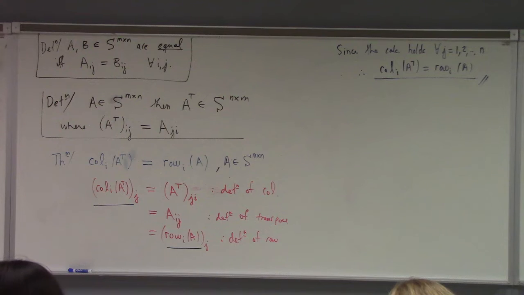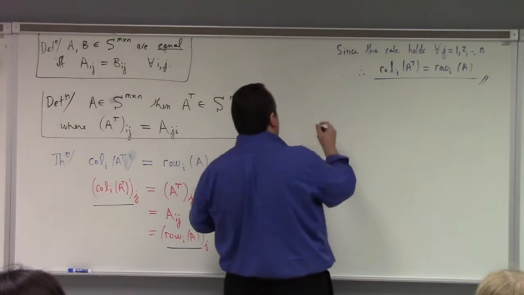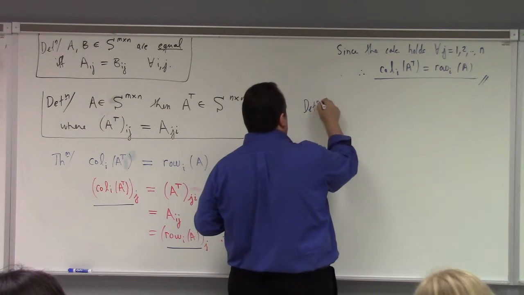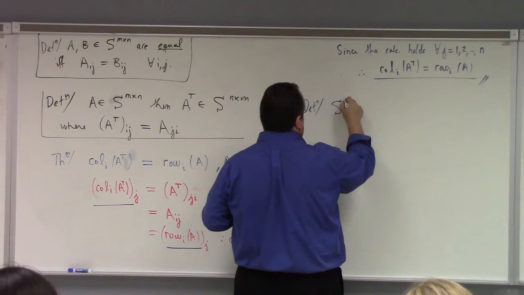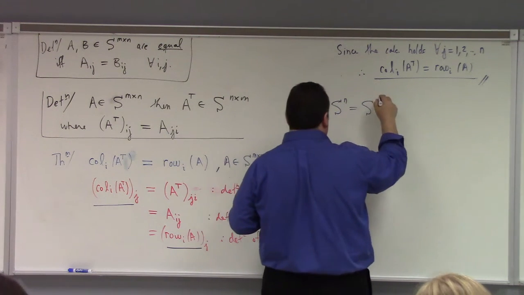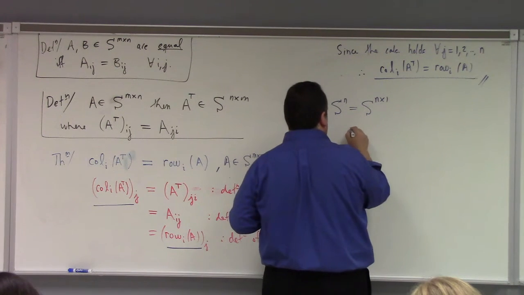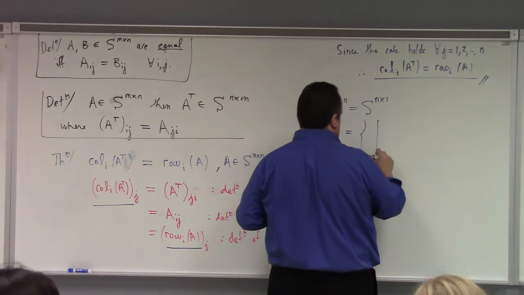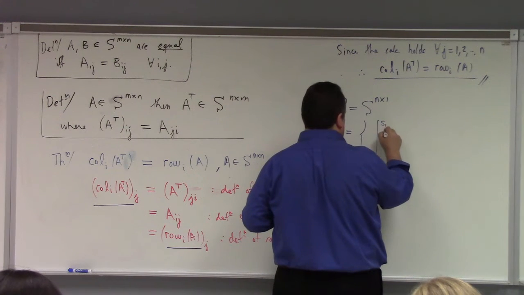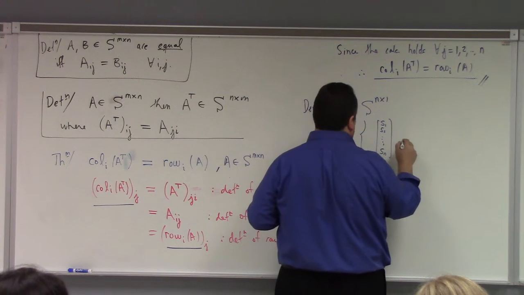This does bring me to one of my next notational signpost warnings, things you need to notice. Our definition, if we talk about S^n, by definition is S^(n by 1). And so, in the most natural notation, s1, s2, and so on up to sn, it's a column vector.